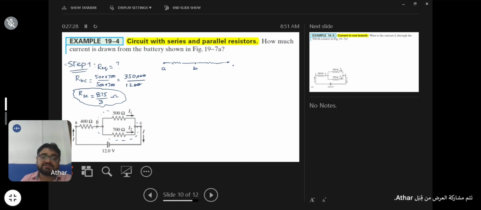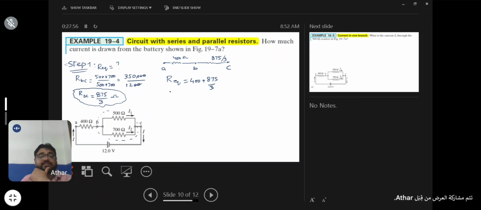And here is C. So this one was how much? 400. This one is how much? 875 over 3. So now this is a series. So I can say equivalent resistance, the total, will be just added up: 400 plus 875 over 3.